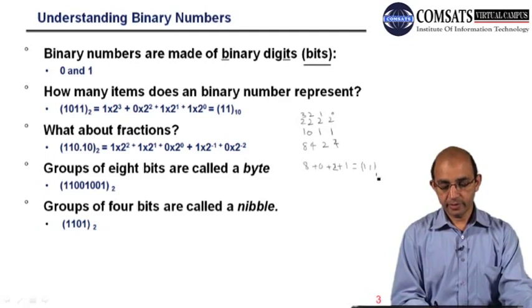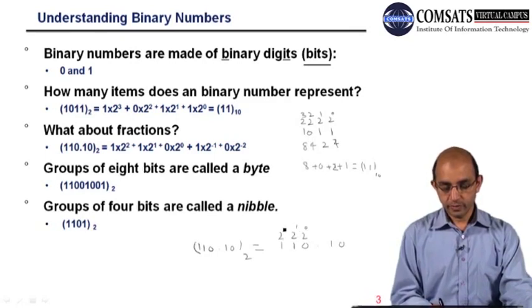So we will place the base. Here we have 1 1 0, base 2. Let me write it down like this: 1 1 0 . 1 1, with 2 raised to power 0, 2 raised to power 1, and 2 raised to power 2.